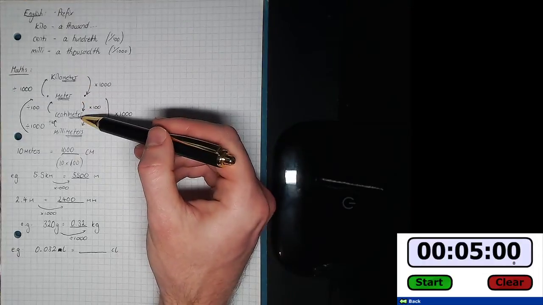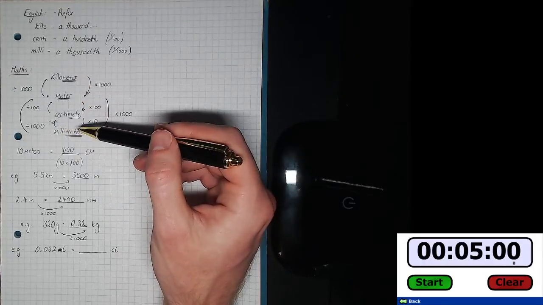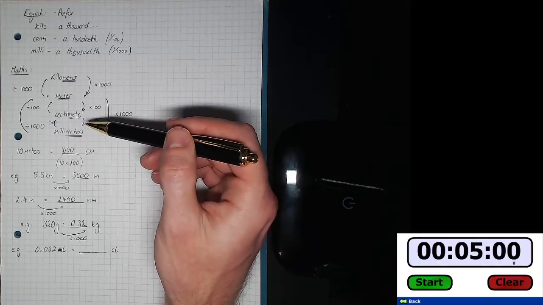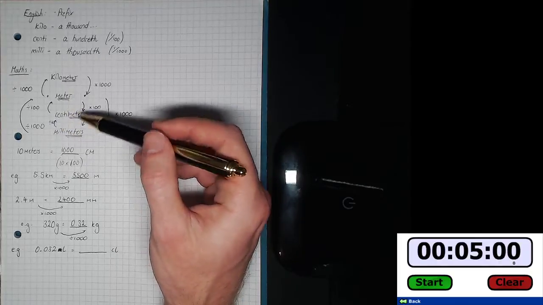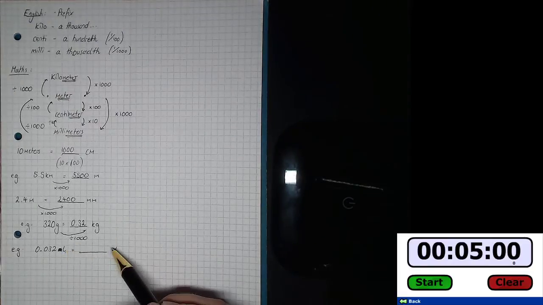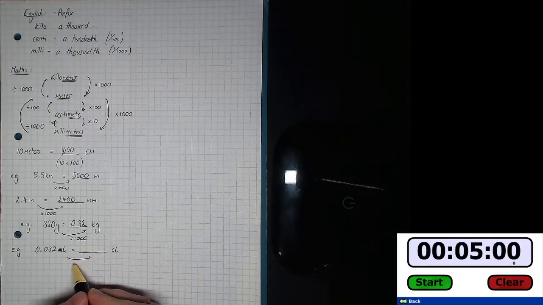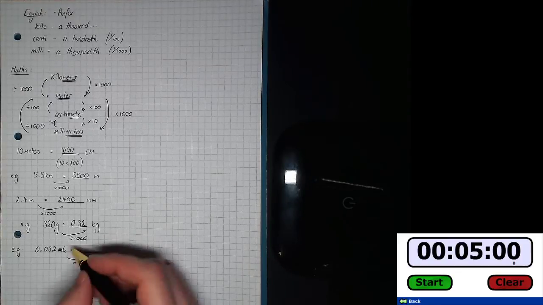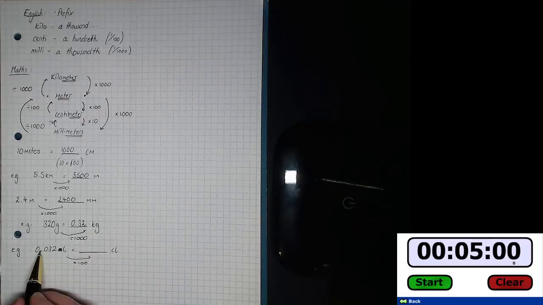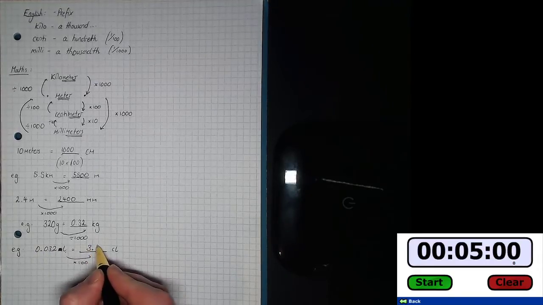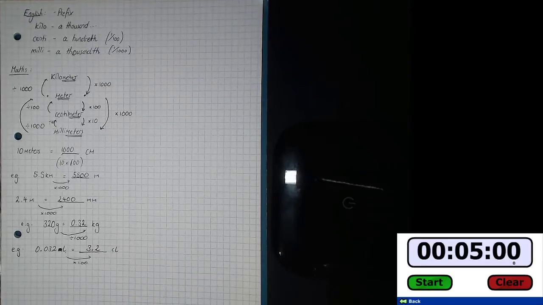Centi is 100th, so there are going to be 100 centimeters in 1 meter, which means that to go from liters to centiliters, we would also times by 100, because the conversion is the same, it's just the word that is different. Timesing by 100, the place values shift along once, twice, so we're going to have 3.2 centiliters. And doing all of these conversions is really important.